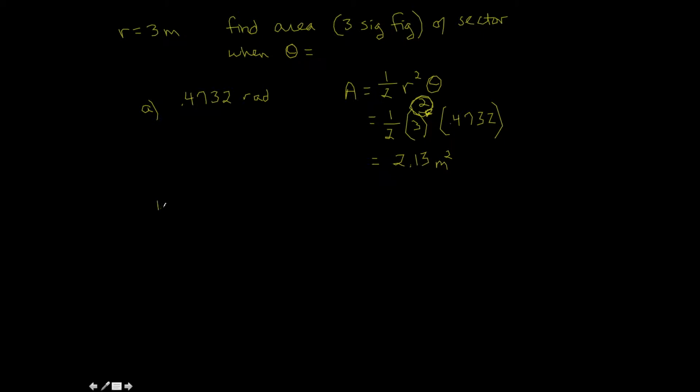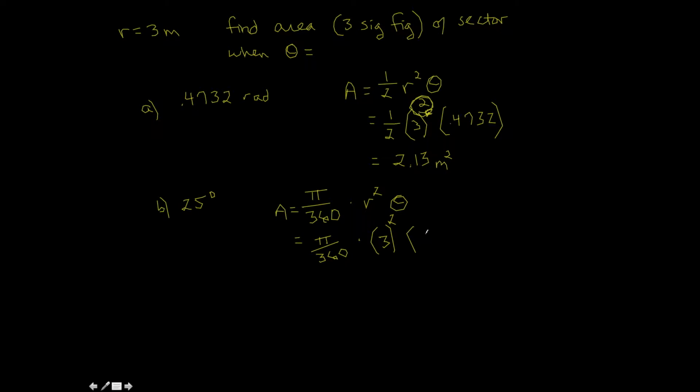Well, what about degrees? Okay, what about degrees? Well, what's our area formula? And remember, that's pi over 360 times r squared theta. Well, r is still 3, whether it's in radians or degrees, r is still 3.